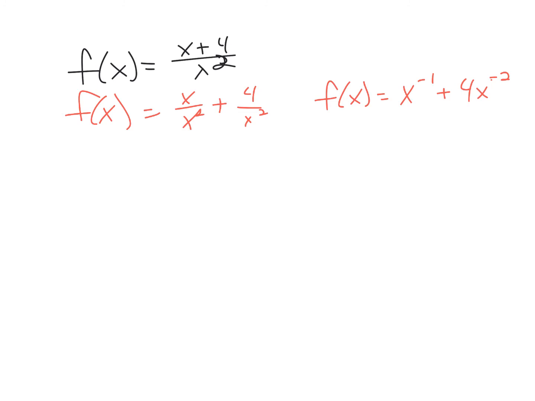Now, derivative time: negative x to the negative second, negative 8x to the negative third. And now I will get a common denominator after we throw these in the bottom.